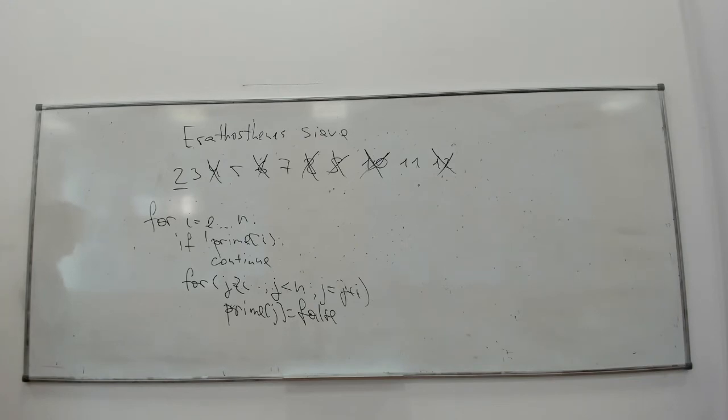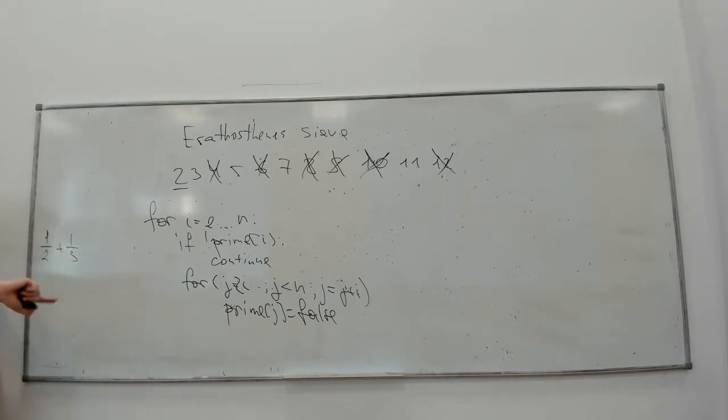The complexity of this algorithm is a little tricky, because the straightforward complexity could give you n/2. You took 2 and passed through all the elements before n. Then it is n/3.